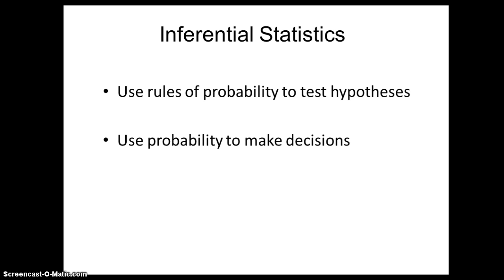And using probability, we're asking the question of how likely is it that we drew these two groups out of the same population. That's a test of the null hypothesis. And we use what we know about probabilities to make decisions about whether or not we think they're different or the same. And we'll get to that in a little bit.